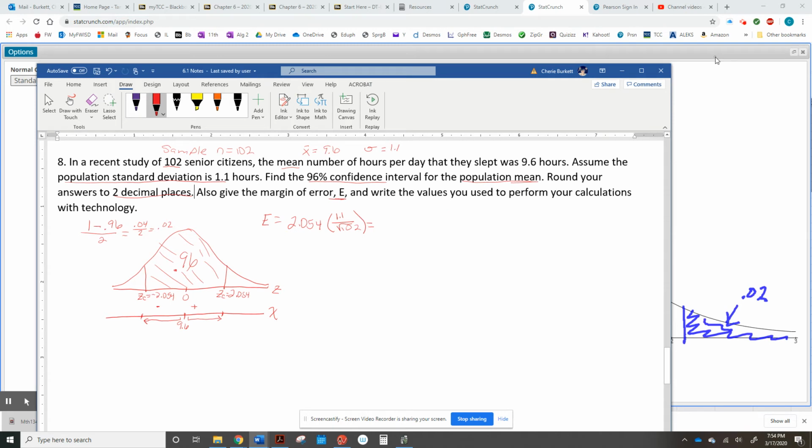So my margin of error is 0.224. So I add 0.224 to 9.6 and I subtract 0.224 from 9.6 and I get my confidence interval. So my 96% confidence interval is, and again, remember, I'm going to do this in just a second on StatCrunch, and then I'll make a separate video on how you can do it on the calculator.